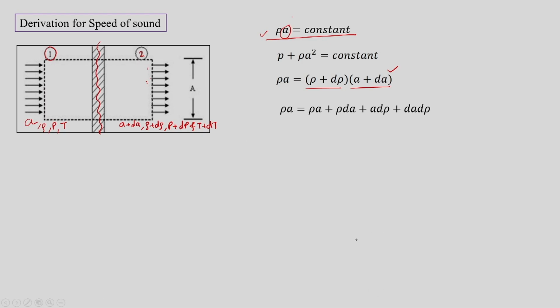Then we can expand the bracket: rho A plus rho dA plus A d rho plus dA d rho. But dA is a small quantity and d rho is also a small quantity, so the multiplication of two infinitesimal quantities makes its order of magnitude much lower than the other terms, and hence let us neglect this term.